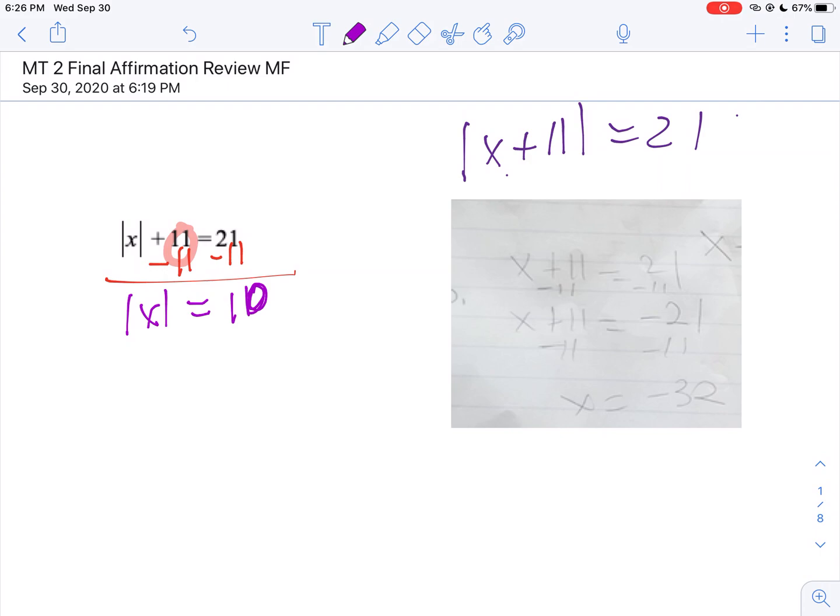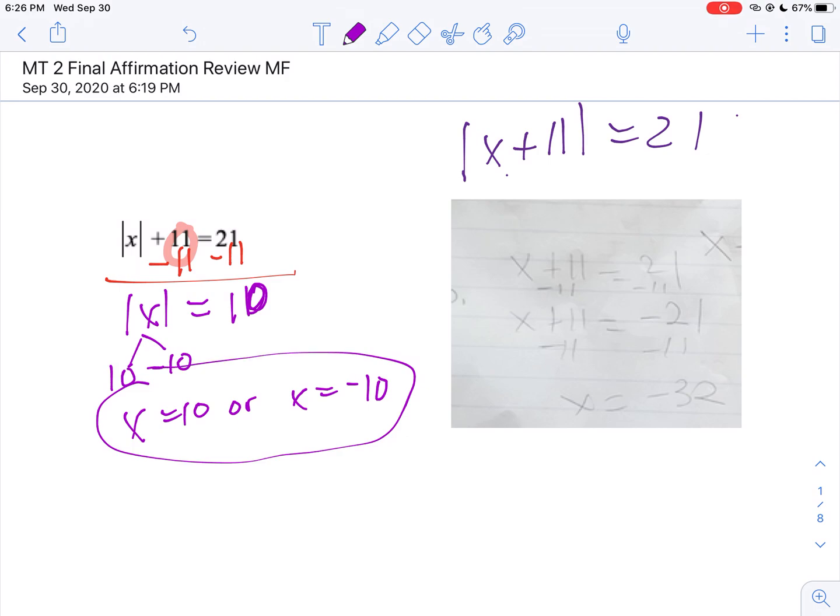Now you make your two equations to get rid of the absolute value, because now you're saying, what numbers are 10 away from 0? Well, it's 10 and negative 10. So you say x equals 10 or x equals negative 10. Since x is by itself, you're done with that equation. So very simple mistake there. We have to get the absolute value by itself before you make two equations.